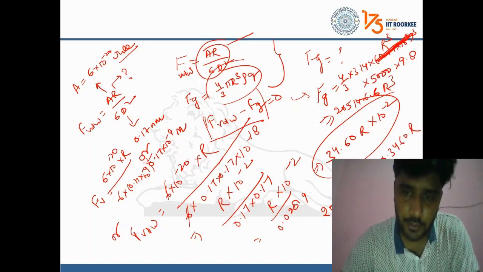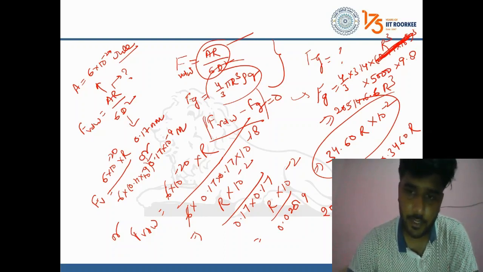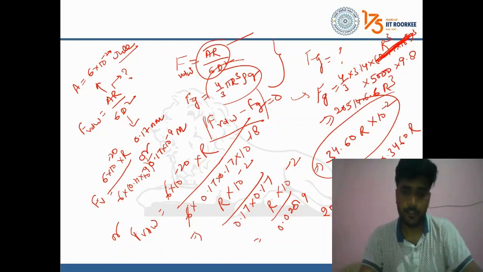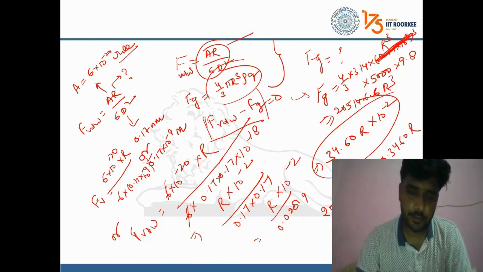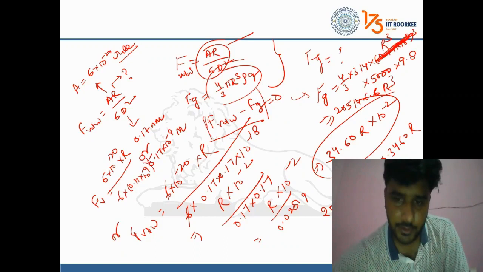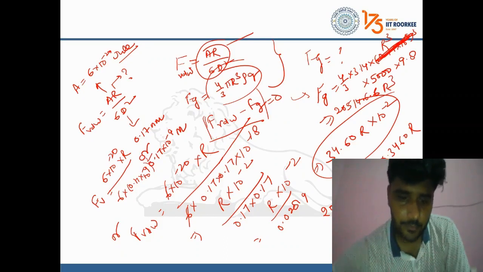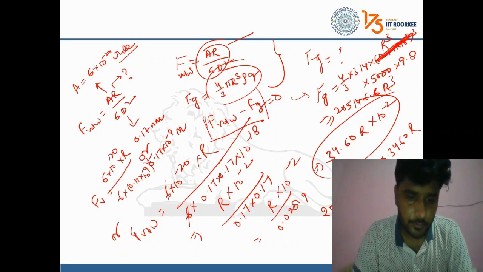0.3460 R. So R square equal to 0.3460 divided by 20546.6. So R square is equal to 0.3460 divided by 20546.6, that is 1.69 times 10 raised to minus 8.